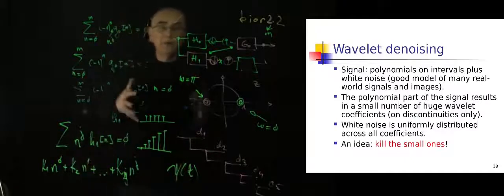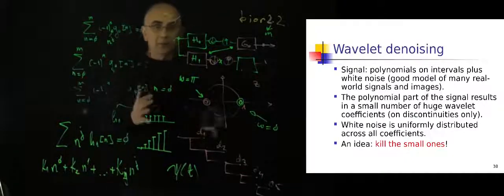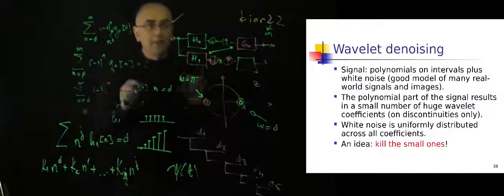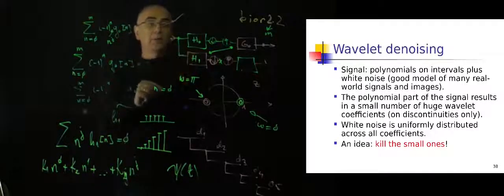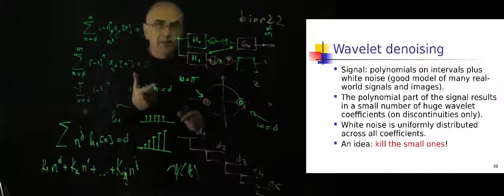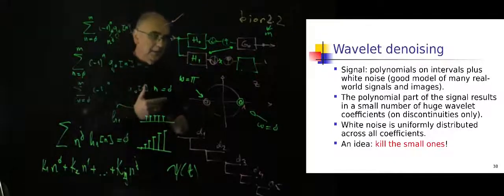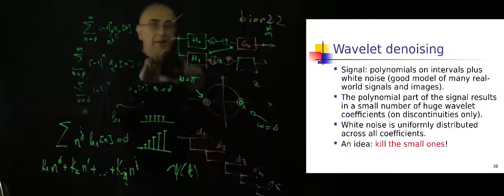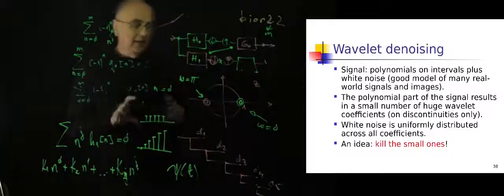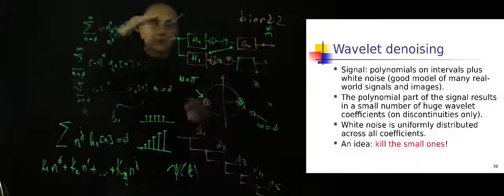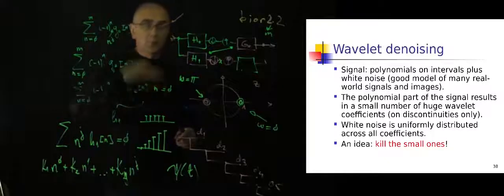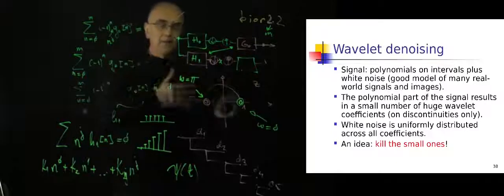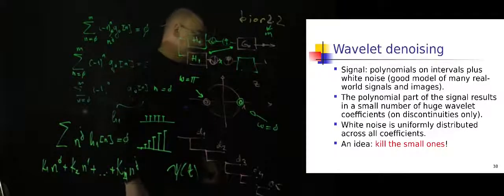If the polynomial part is zeroed and only lives in the approximation coefficients, or discontinuities are described with large spikes, then it is good to set a threshold, and that threshold divides information from disinformation, the signal from noise, in the wavelet domain.